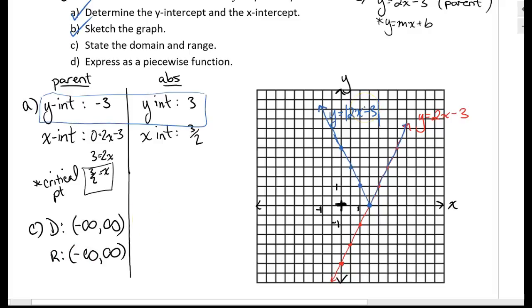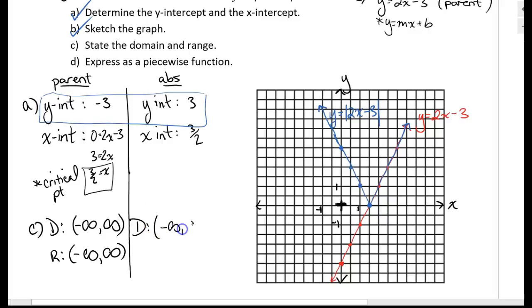What happens when I take the absolute value is that I get a minimum all of a sudden, which means my y values, my vertical values, are restricted. I do not pass this point. I do not pass my x-axis. My domain stays the same. I continue going left and right forever.